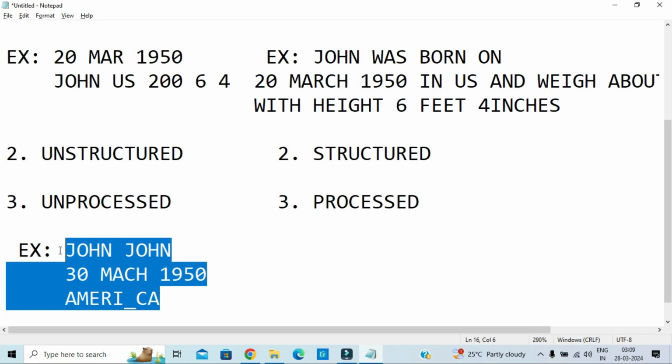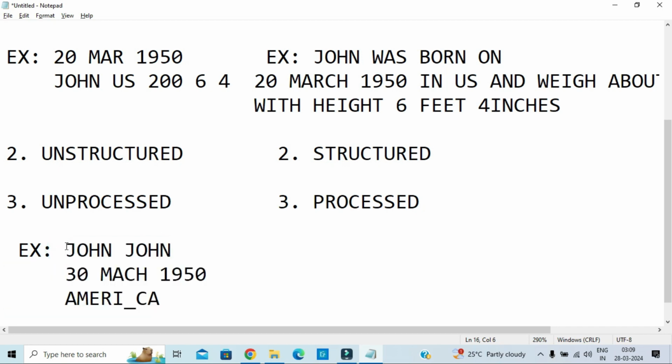Yes, you have found something. There are duplicates in this data. John is repeated twice. This is known as redundant data. This has to be removed.